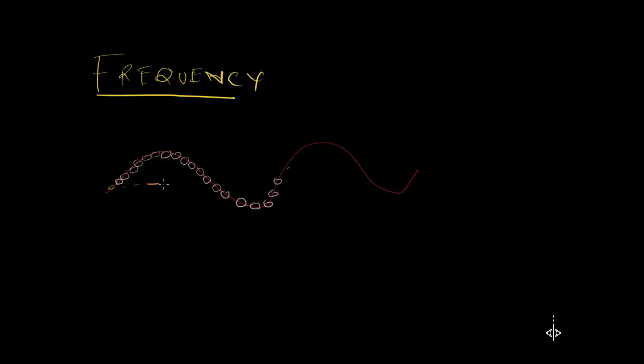So let us say this is the average rest mean position. Now about this average position, each of these vibrating particles is in a cyclic movement.